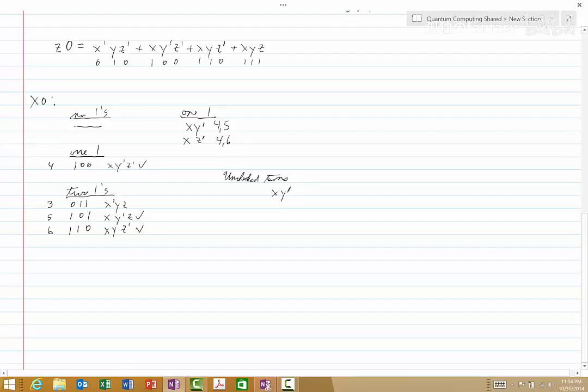Well, let me write them in order. So starting in the first column, we have X, Y prime, Z, which is the term 3. And then we have X, Y prime.